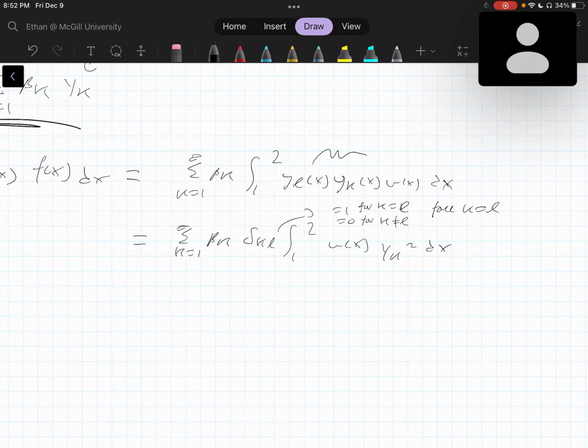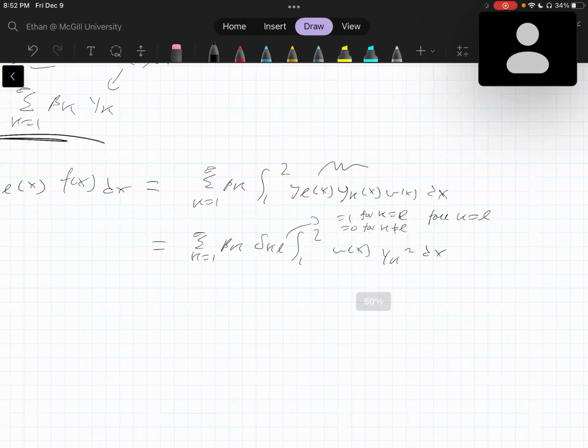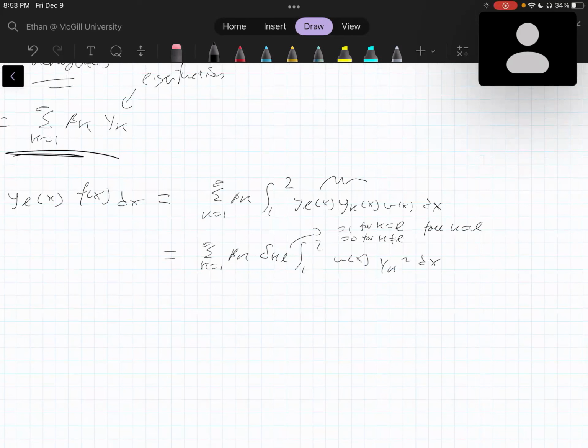So we've used the property of orthogonality in the integral to use the Kronecker delta. This is very similar to what you do when solving boundary value problems, when you use the orthogonality of sines and cosines. This is the same principle, just we're using it with eigenfunctions instead.